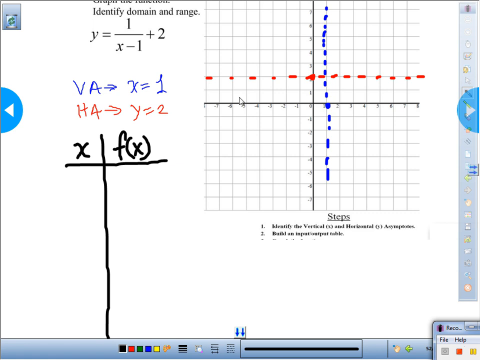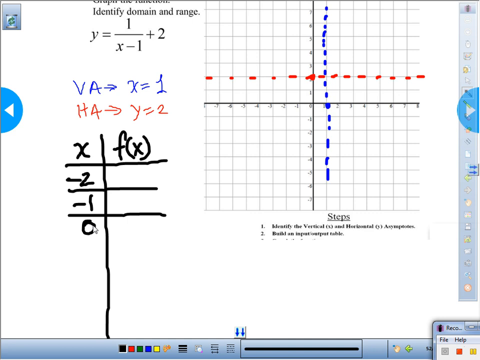But wait a minute. Didn't the asymptote move a little bit to the right? And I said to pick 3 numbers from the left, 3 numbers from the right. So what 3 numbers am I going to use now? -2, -1, and 0. That is correct. So I'm going to do -2, -1, and 0.